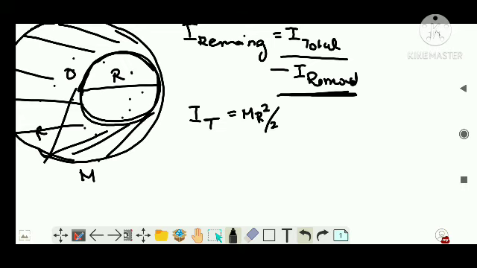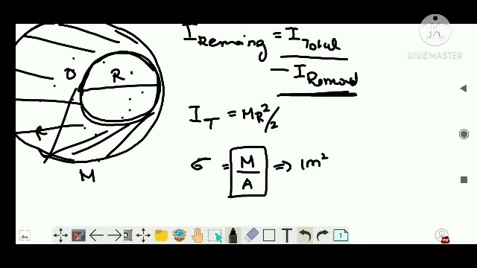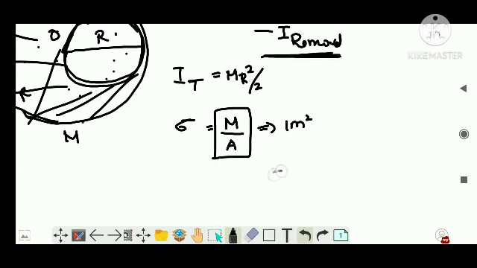Let sigma be the mass per unit area. So 1 meter squared area will have this much mass, 2 meters squared will have 2 times m by A, or I can write it as 2 sigma mass.